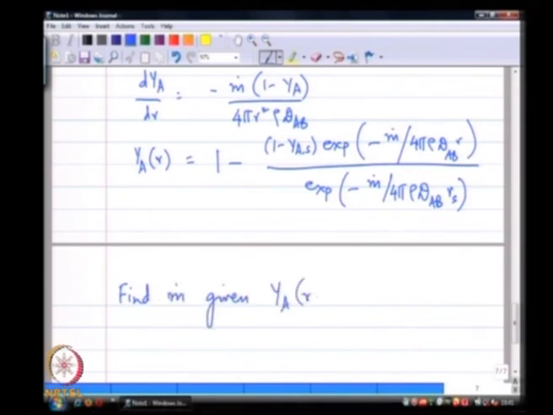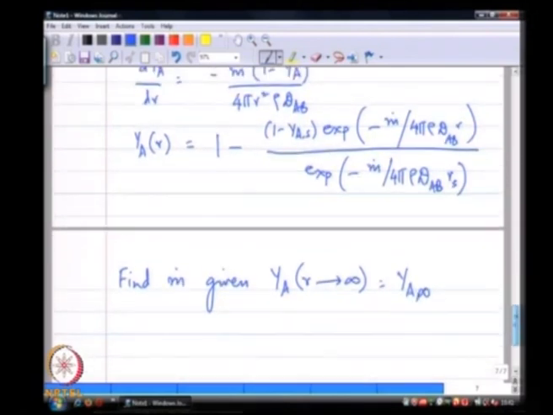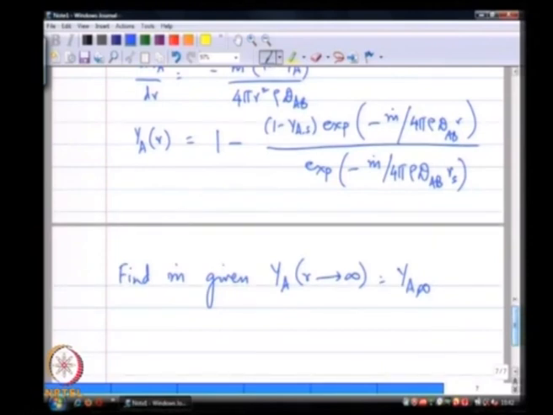given y a as r tending to infinity equals y a infinity. If I use that, notice how I have m dot divided by 4 pi rho D A B r. So, I will make sure I put this in parentheses to be exact. So, as r goes to infinity, m dot divided by that whole thing goes to 0. I have an exponential of 0, which is 1.